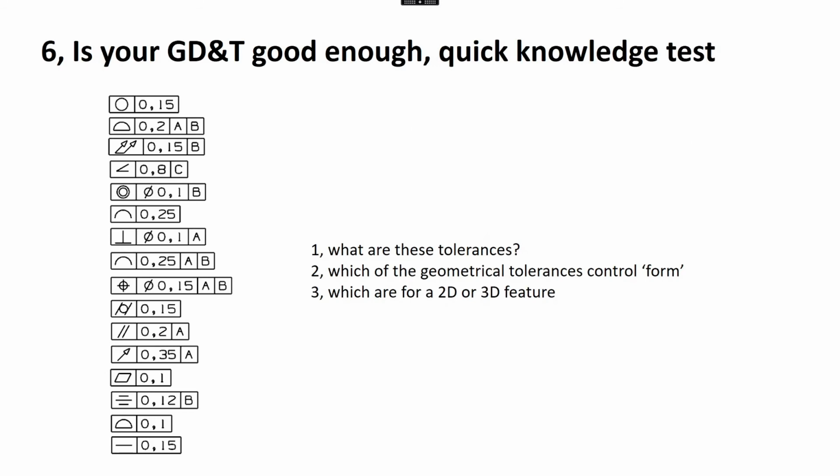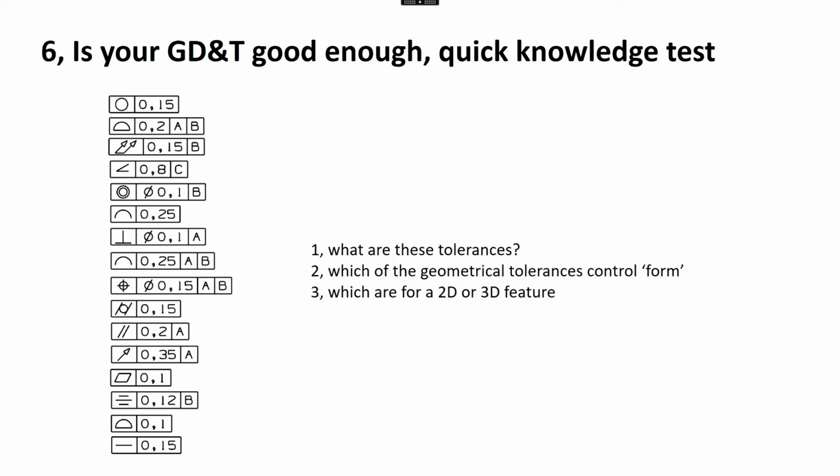Okay, so this is a quick knowledge test, just to see if you understand what some of these symbols mean. Generally speaking, the way I tend to look at this is some symbols are for a 2D feature, and some symbols are for a 3D feature. So understanding that to start with is quite important, and understanding which symbols control form and which don't.